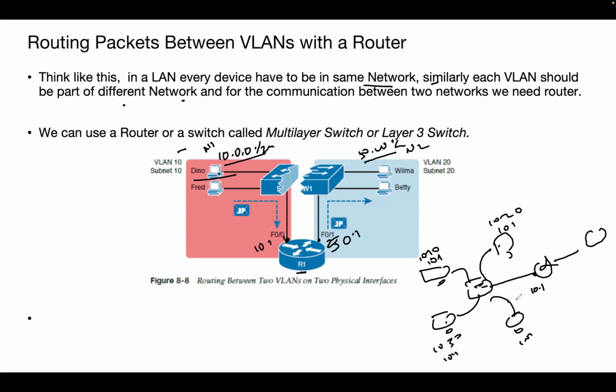For everyone, the default gateway will be 10.1 only. So when PC1 wants to talk to PC2, it can go directly through the switch. If PC1 wants to communicate to the internet, it has to go through the default gateway. So the default gateway is used only when you want to go beyond your network. Within the network, the default gateway is not required at all.